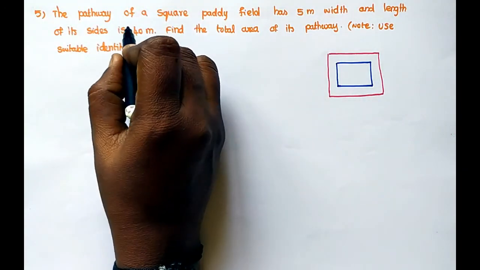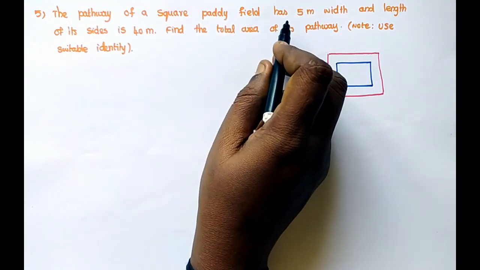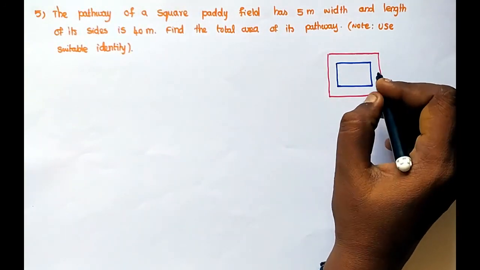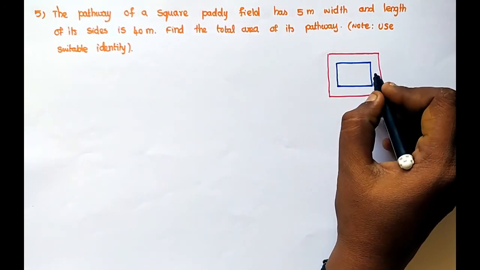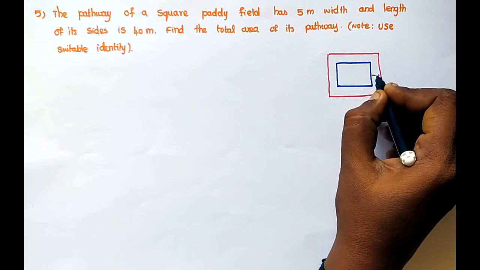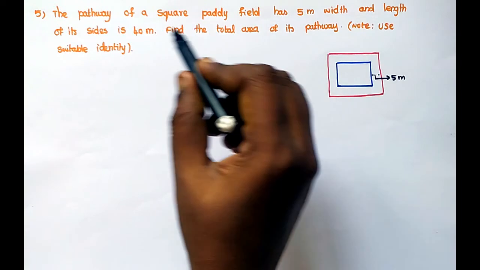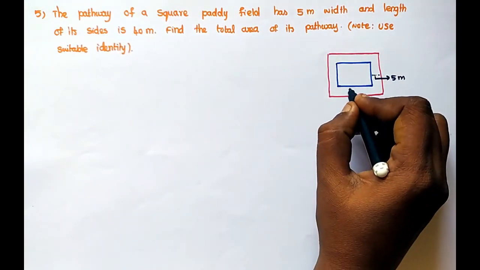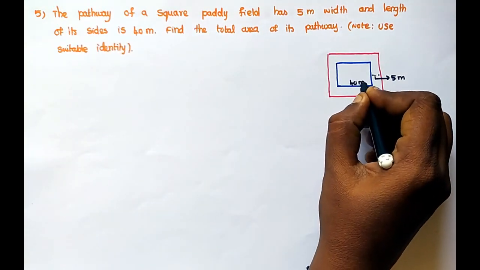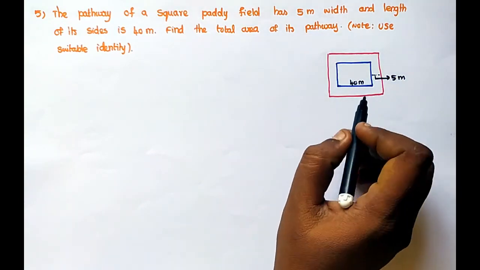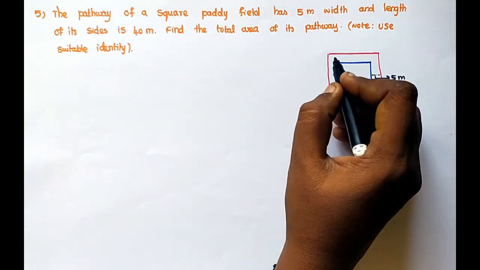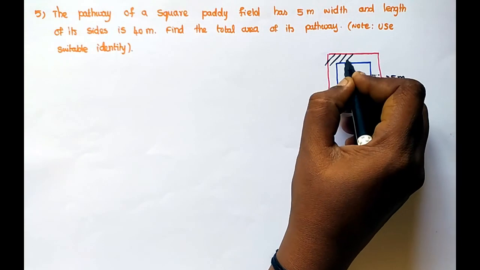The pathway of a square paddy field of width 5 meter, so this is 5 meter, and the length of its side, this side, is 40 meter. Now find out the area of this pathway. We have to find out this area.